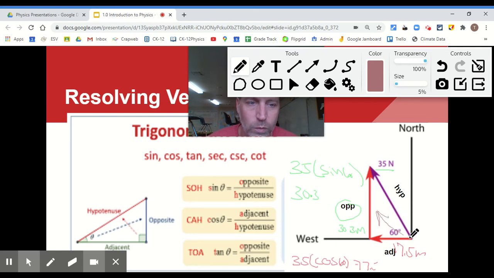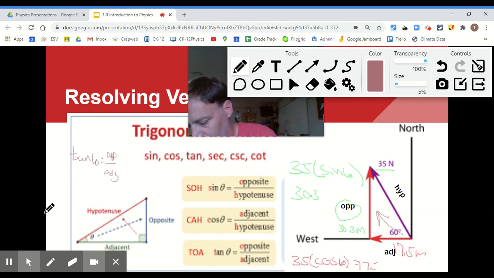The adjacent side is the one that's right next to it. So if we did the opposite over the adjacent, the tangent of 60 is going to be the opposite over the adjacent, and we could find that ratio. So if we take 30.3 divided by 17.5, that equals 1.73.